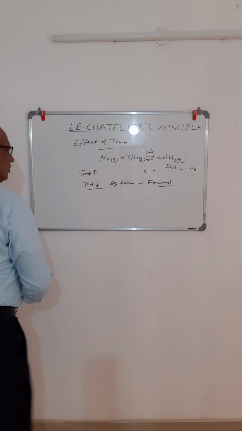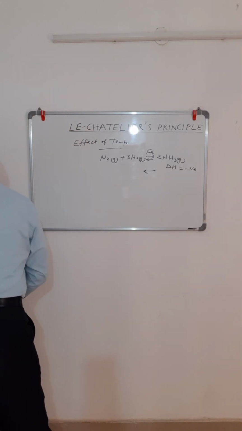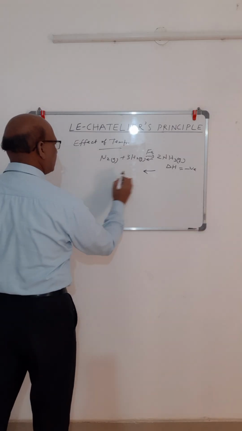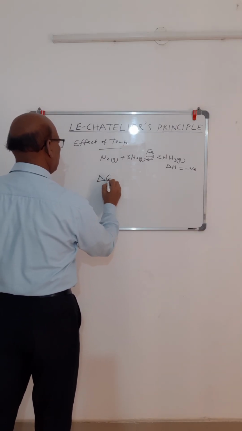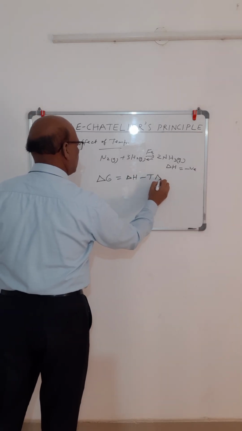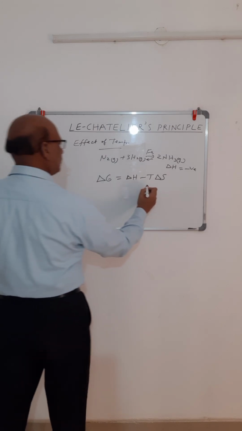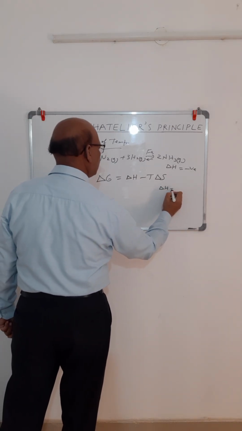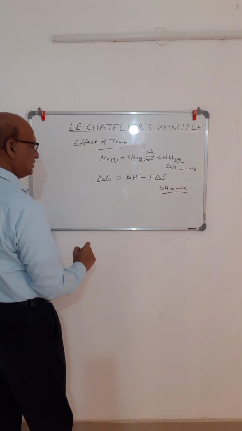इसी को हम गिब्स फ्री एनर्जी के बेस पे भी वेरीफाई कर सकते हैं. As per the Gibbs free energy change, we say that delta G is given as delta H minus T delta S. अब इस रिएक्शन के लिए we know that delta H is negative, because this is exothermic reaction.